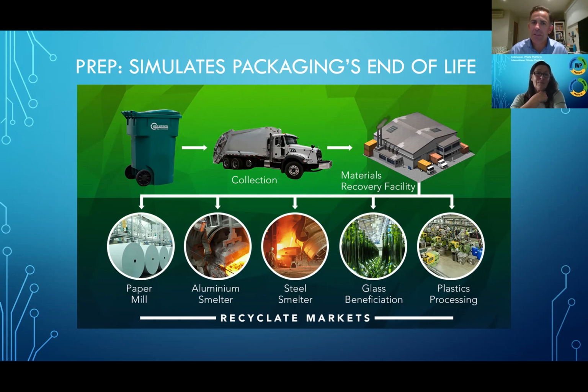In either case, the materials that you sort are going to go somewhere. The plastics go to a plastic reprocessor, the paper to a paper mill, the metals to smelters, and the glass is recovered and beneficiated in some way, before all of those materials become new products, which basically means there's a market, there's a pull for the materials coming through.